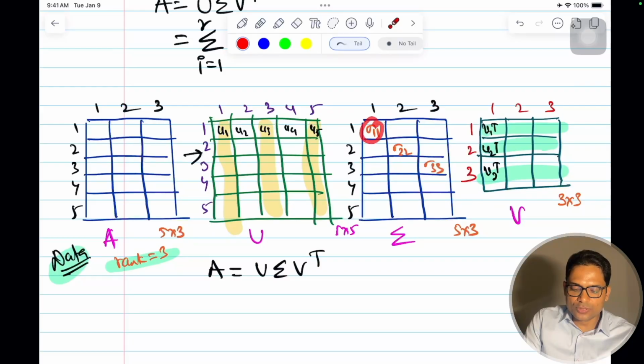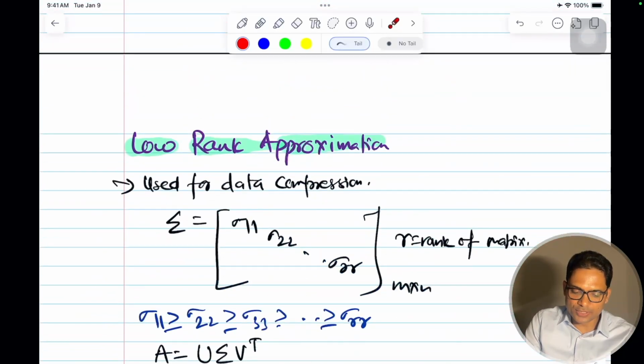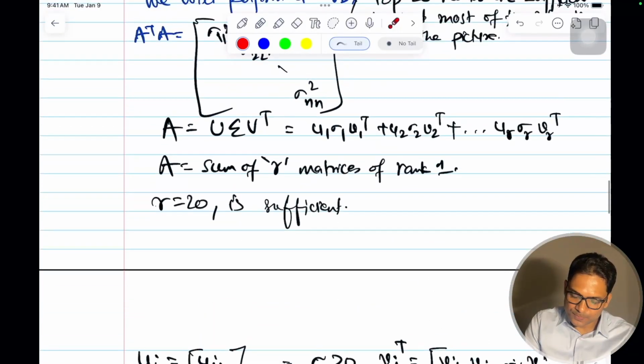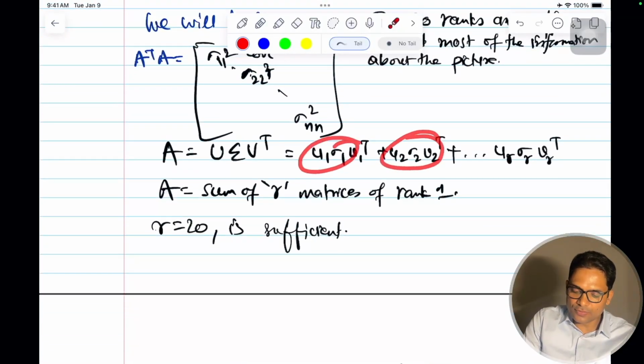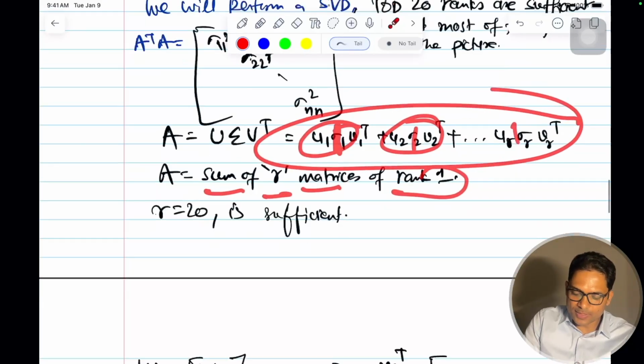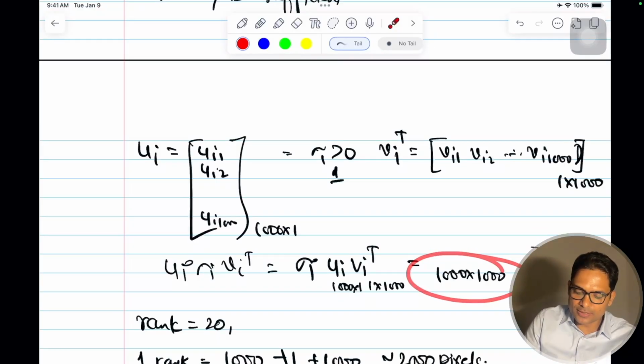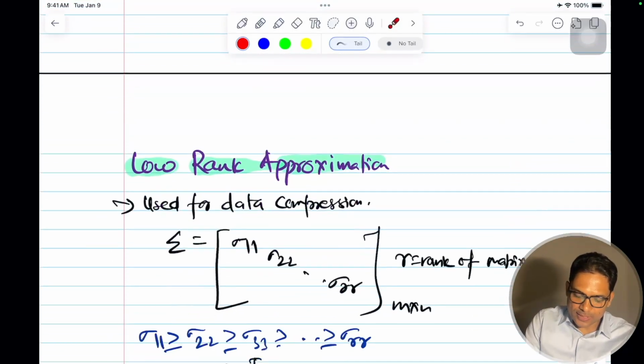If I just choose the top ranks from here and do a summation, as I mentioned, this is nothing but a summation of R matrices of rank 1. Each one has rank 1, and we summed up R such matrices of the same size, 1000 by 1000. That's what the formula is saying.